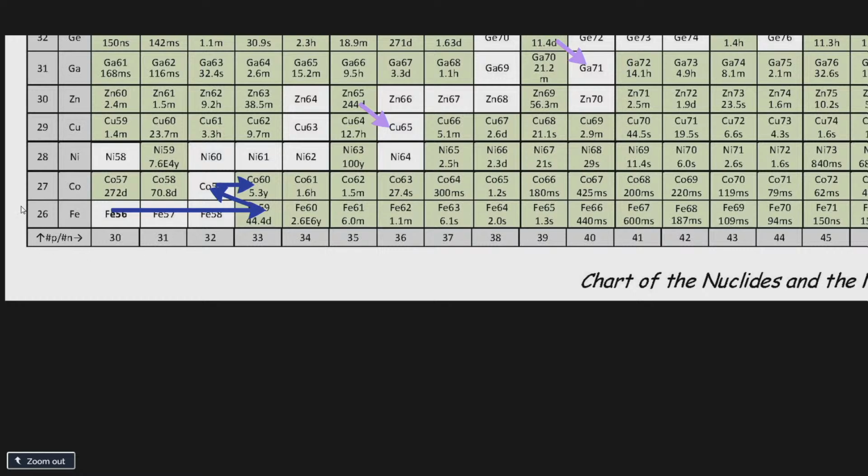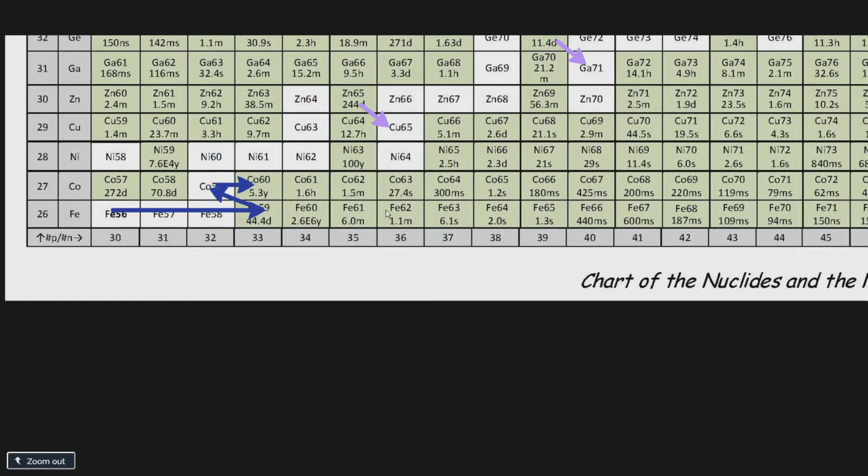So this is something called the chart of the nuclides. It's used by nuclear physicists because when we do nuclear reactions, we have to be concerned with the total number of neutrons as well as protons. So we need to look at individual isotopes.